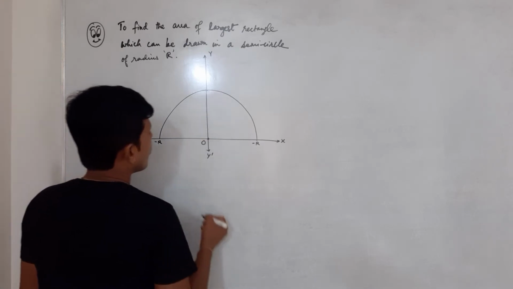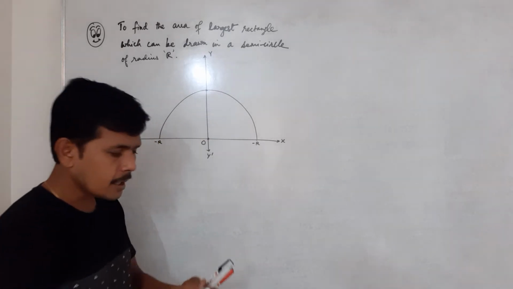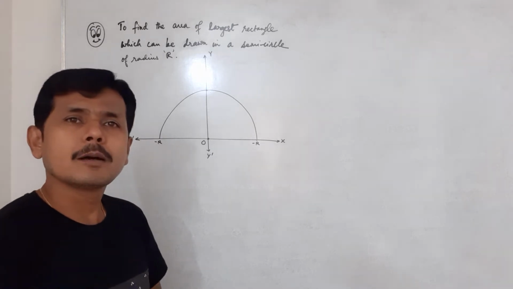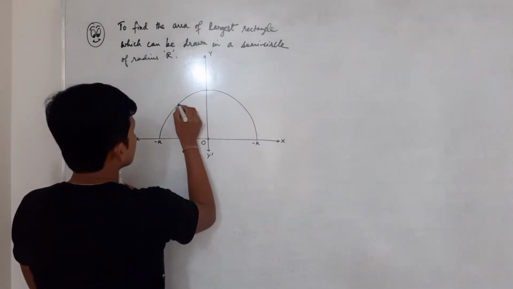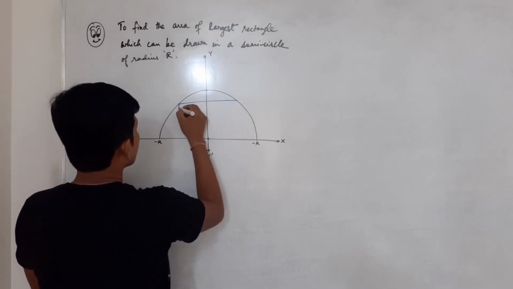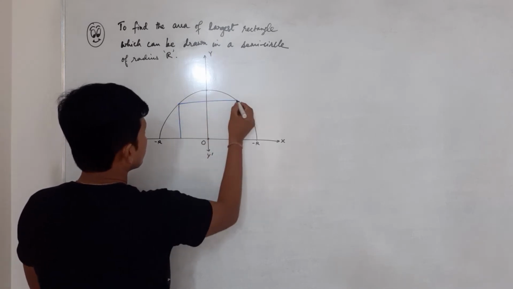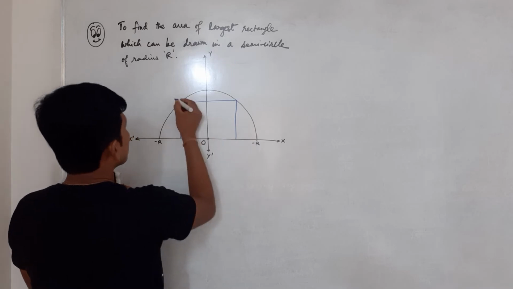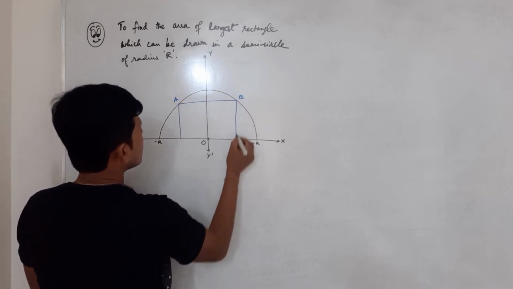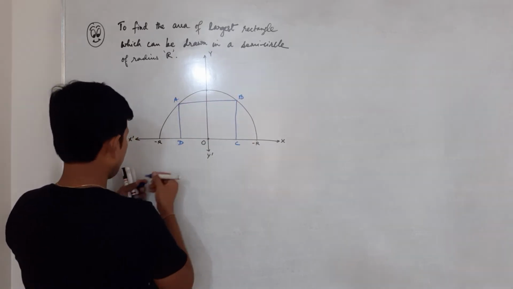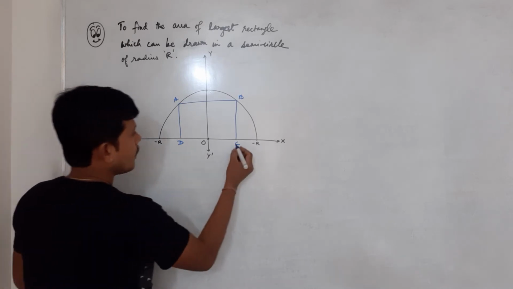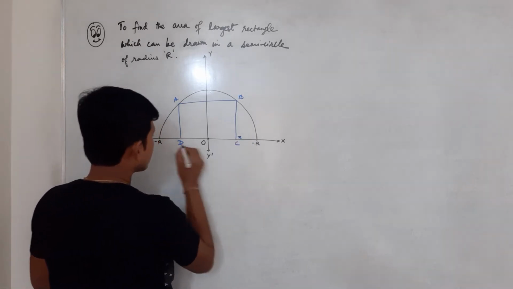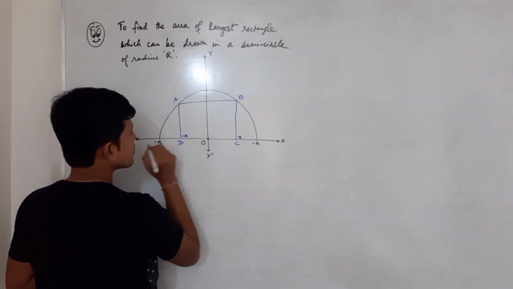Now I am making a rectangle in it. See, I made a rectangle. I am naming it as A, B, C and D. I am taking this point as x, so this will be minus x.